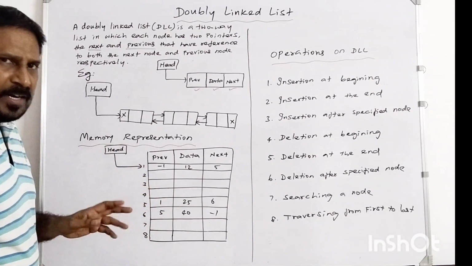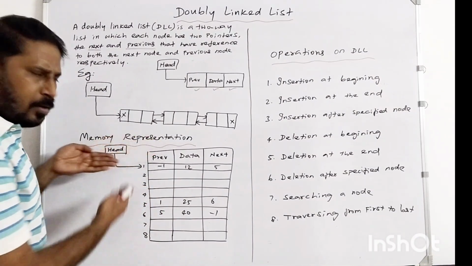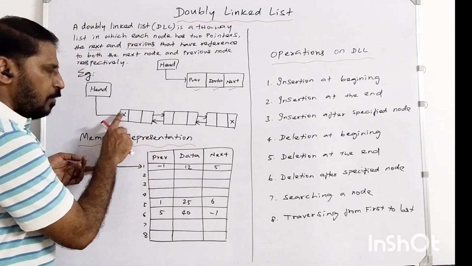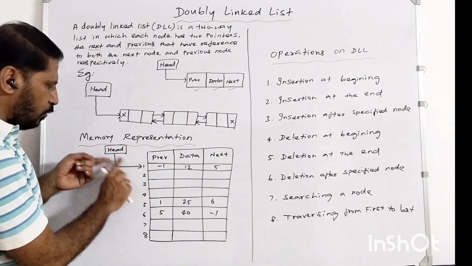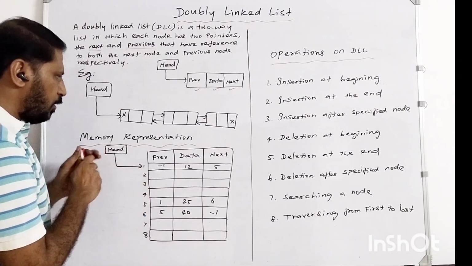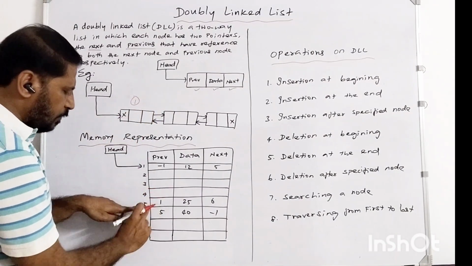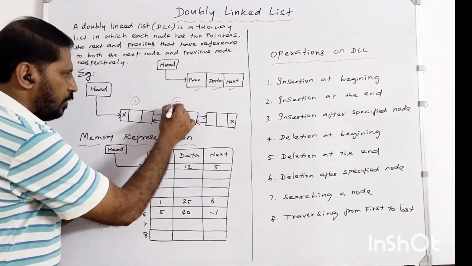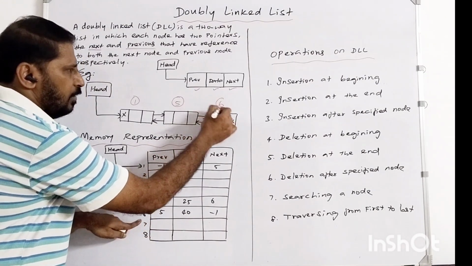For a better understanding, I am giving you the memory representation. According to the memory representation, I am giving these three nodes here. Suppose just imagine that this is the first node, the second one is the fifth node, and the next one is the sixth node.